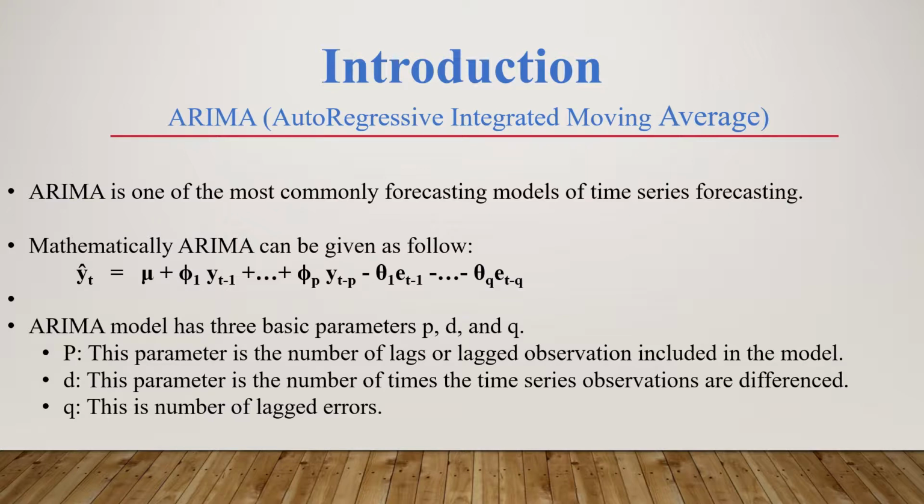Mathematically, the ARIMA can be given as shown here. The ARIMA model has three basic parameters, which are P, D and Q. The P parameter is the number of lagged observations included in the model. The D parameter is the number of times the time series observations are differenced, and Q is the number of lagged errors.